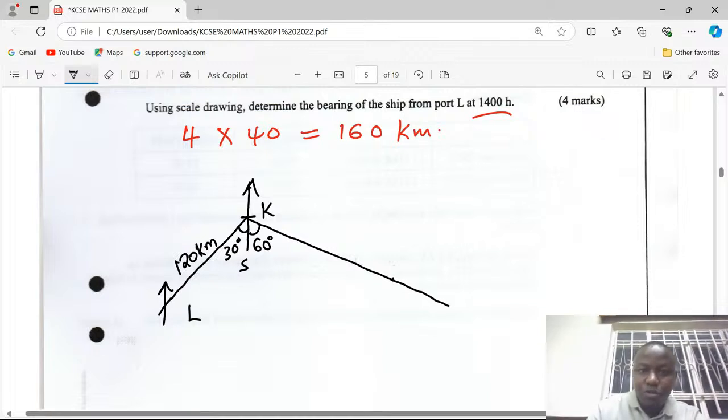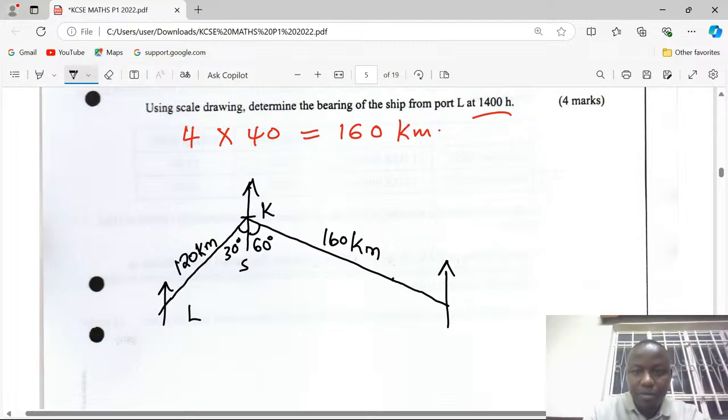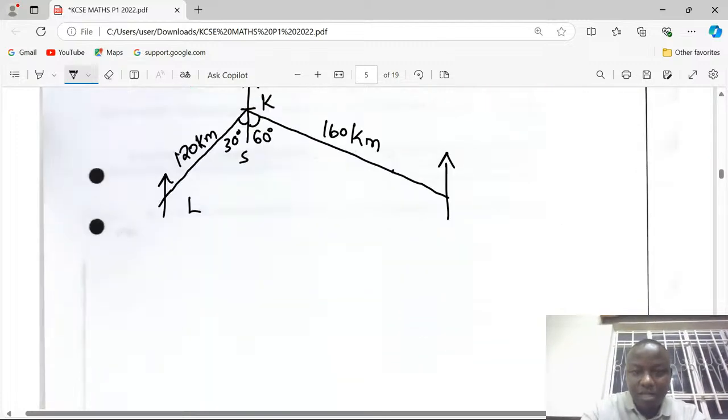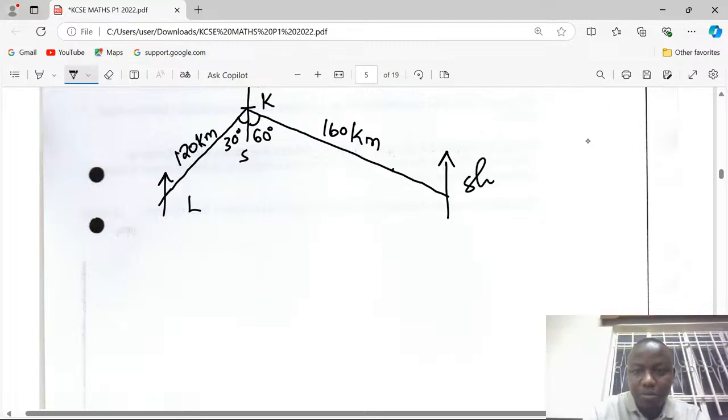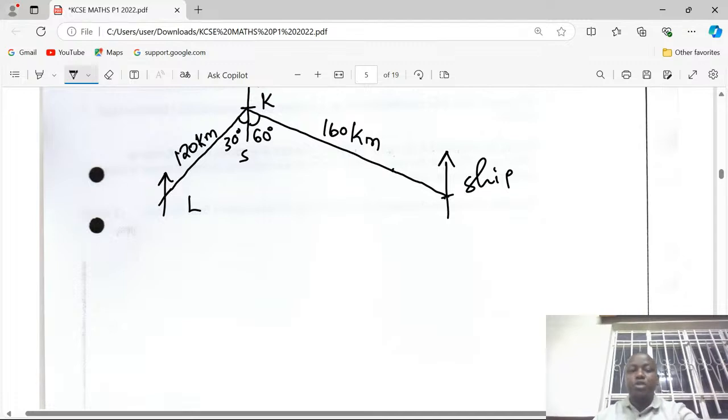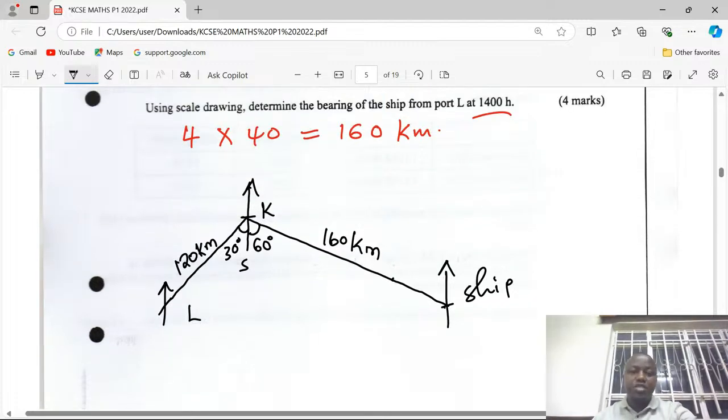After measuring the 160 kilometers, depending on the scale that we shall use, we will raise a compass at this point. So the ship will be at this point by 14:00. We determine now the bearing from L. You'll be able to connect the places and determine the bearing.